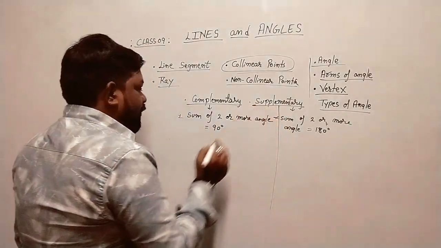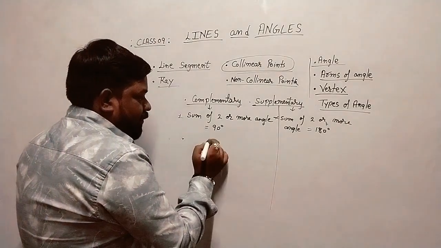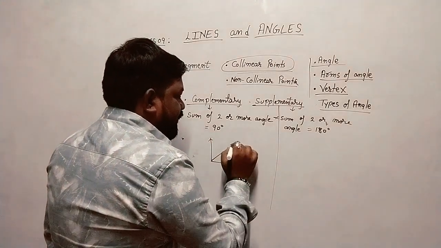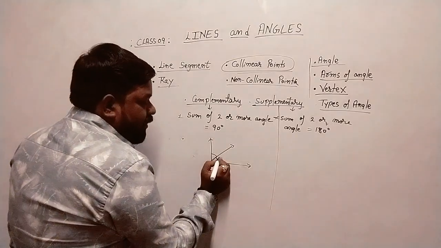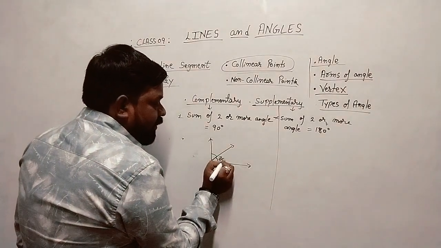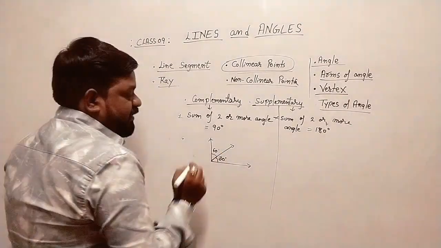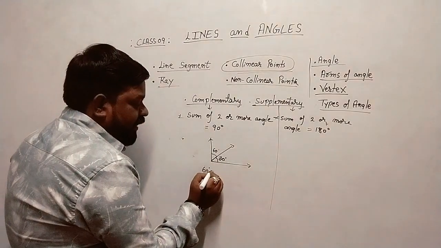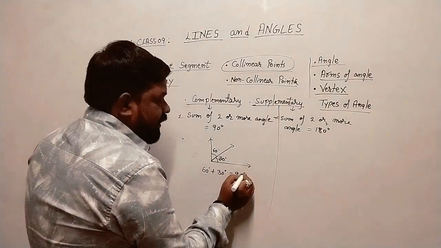Say for example, consider the diagram. Here two angles are formed. This one I will name as 30 degrees and here I will name 60 degrees. If we add these two angles, 60 degrees plus 30 degrees gives 90 degrees.